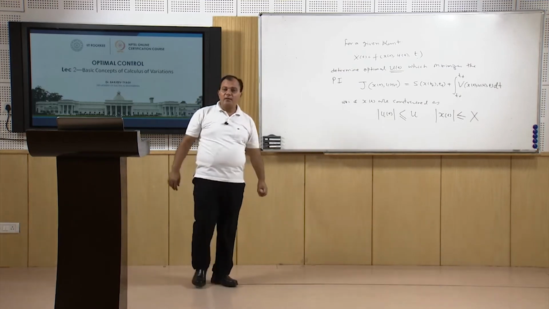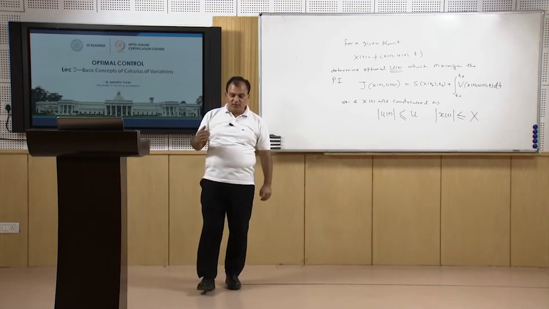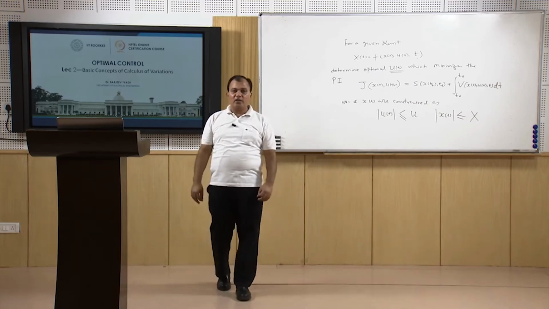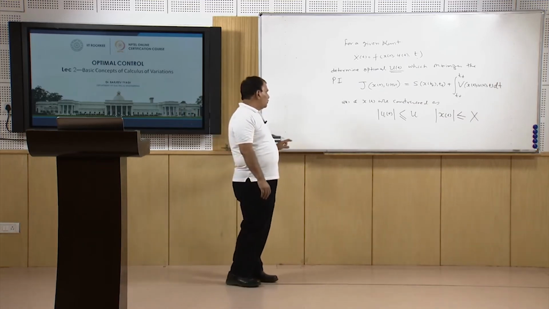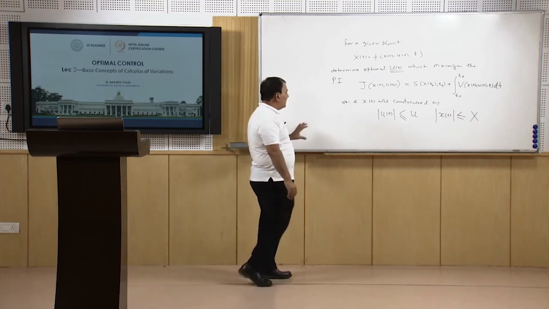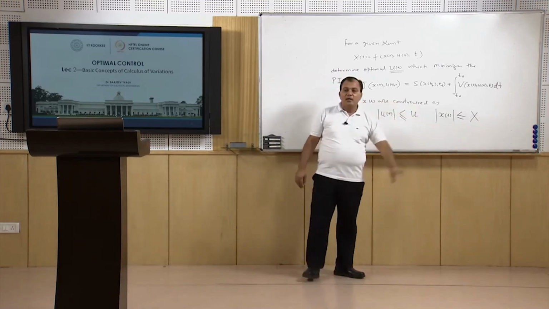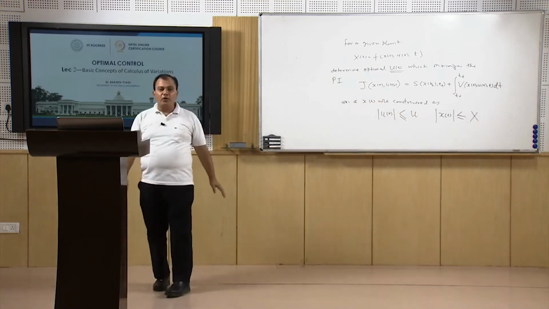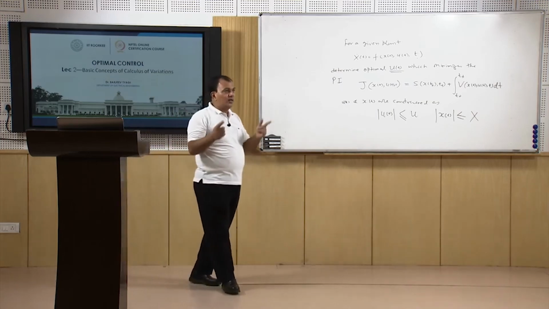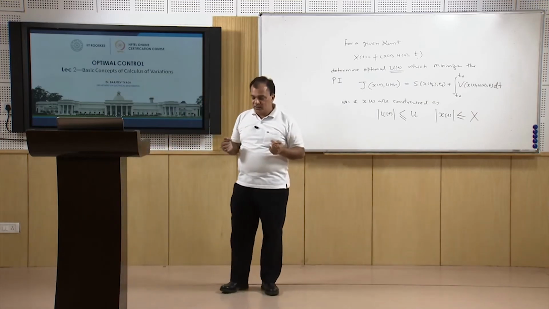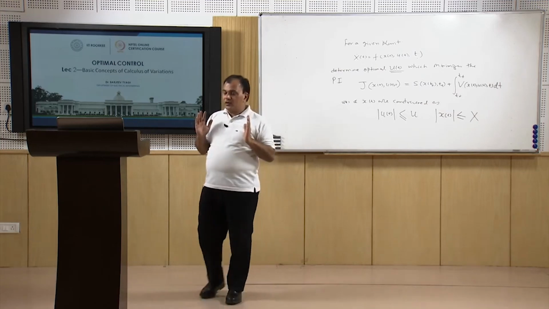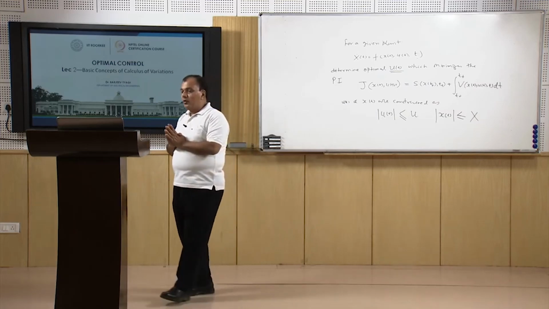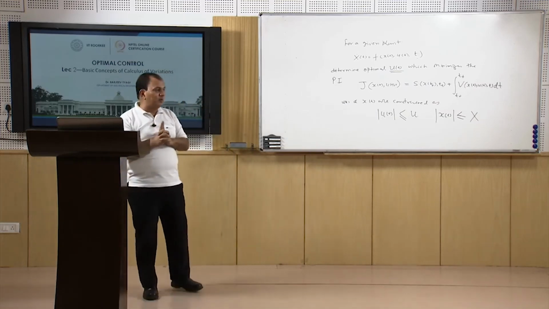Another approach is the dynamic programming approach, which we will discuss after the calculus of variations, and in these two we normally do not consider constraints on the control or state. The third approach is the Pontryagin minimum principle, in which we will consider the constraints and solve the problem, and see how it can be utilized to develop the time optimal control problem.